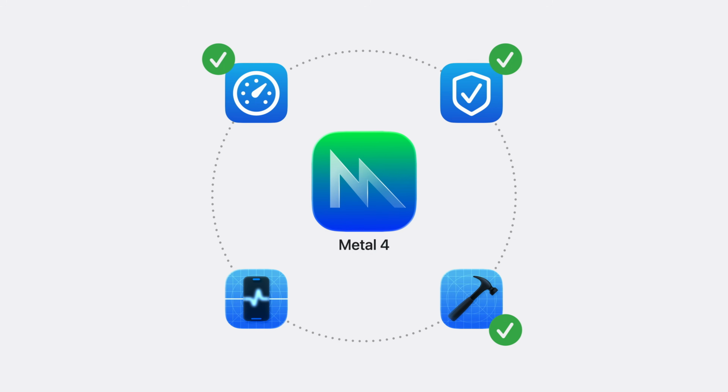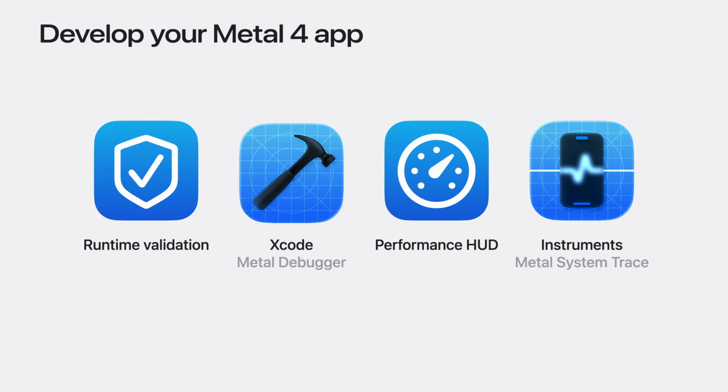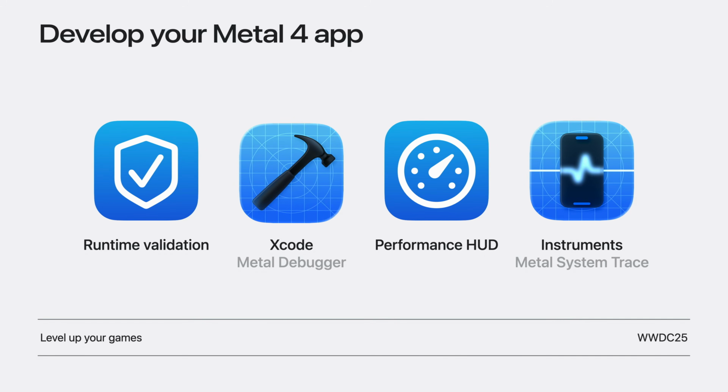The Metal Performance HUD provides a real-time overlay to monitor your app's performance, and Metal System Trace lets you dig into performance traces from your app. You can learn about all of these tools and find their documentation on the Apple developer website. Also, check out Level Up Your Games for great techniques to debug and further optimize your games.